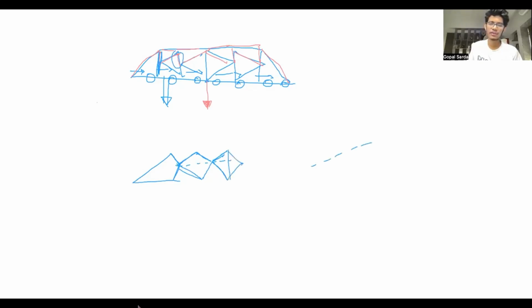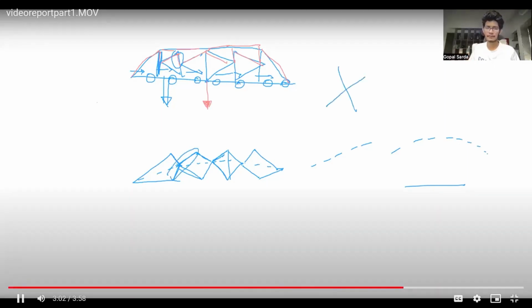If you see the report of a bridge, this team number 3, you'll find that in the SkySift structure, the curve is slightly like this. It can be straight like this also, but then it makes no point because both of these will be straight lines, which defeats my purpose. I don't want this to be two straight members.